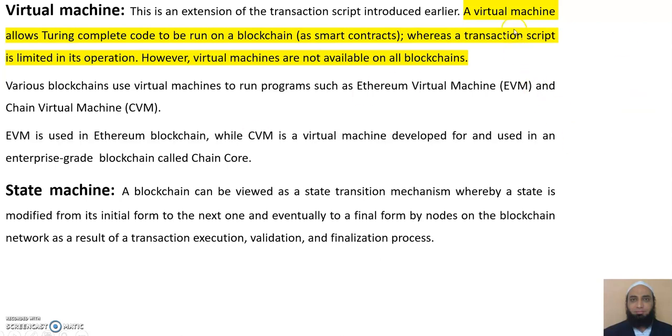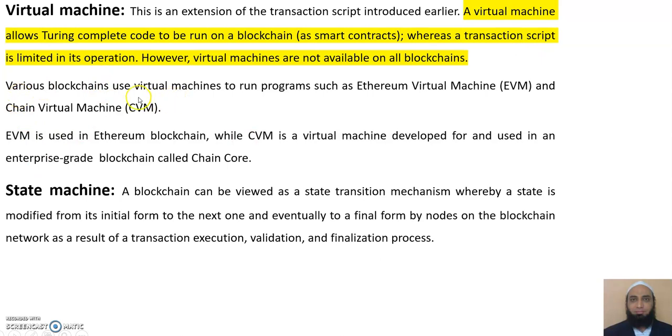There is something like a virtual machine which allows Turing complete code, whatever code we are writing, to run in this virtual machine. Whereas the transaction script is just some code we write and run, limited in its operation.